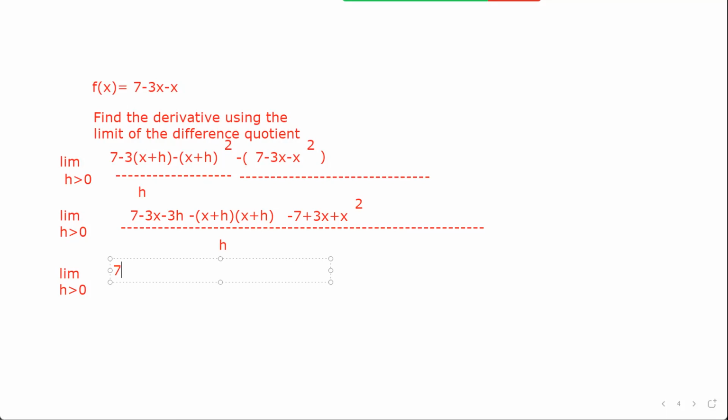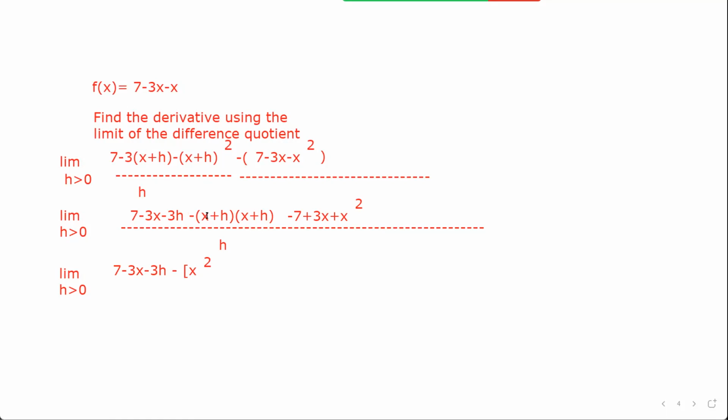7 minus 3x minus 3h. Now, let's continue. Minus, and I'm going to use brackets so we can FOIL here. Now, this is x times x, that's what? X squared. That's not hard so far. What happens with the middle terms here? Don't they end up canceling? Not here, because this minus comes afterward.